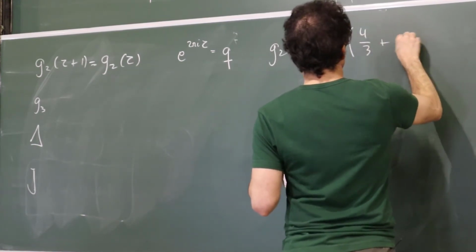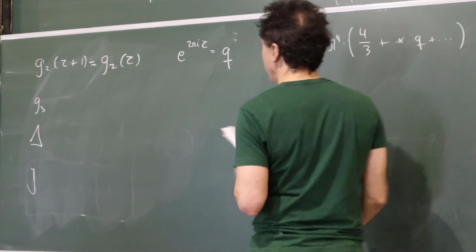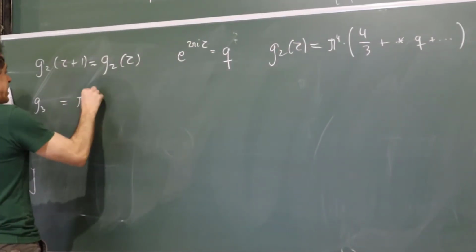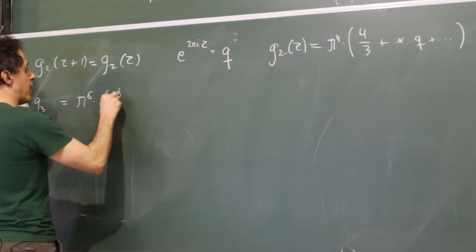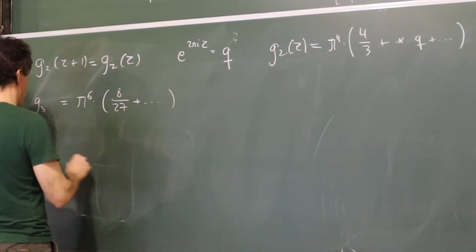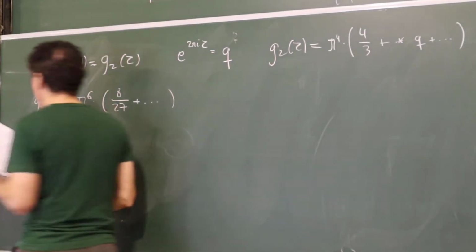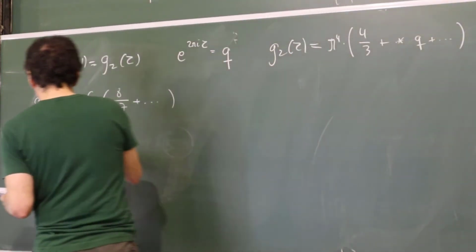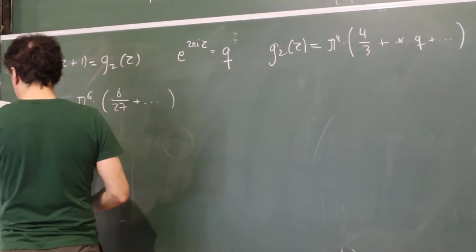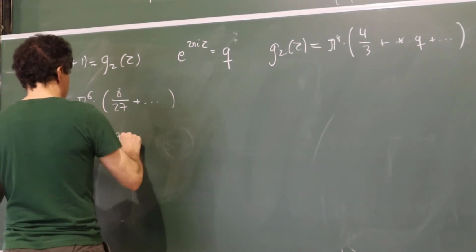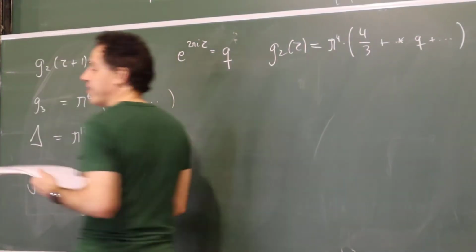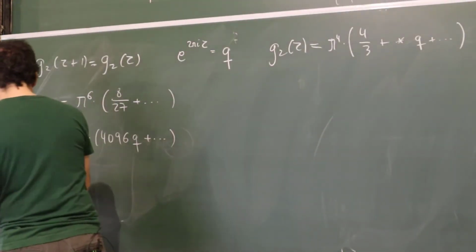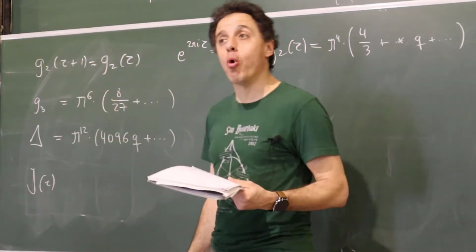G3 is also removable, so it is pi to the 6 times something. Delta is also removable and has value 0 at 0, so it begins with pi to the 12. Something like this, it's very complicated numbers. And finally, J as a function of tau has an order 1 pole at the origin.